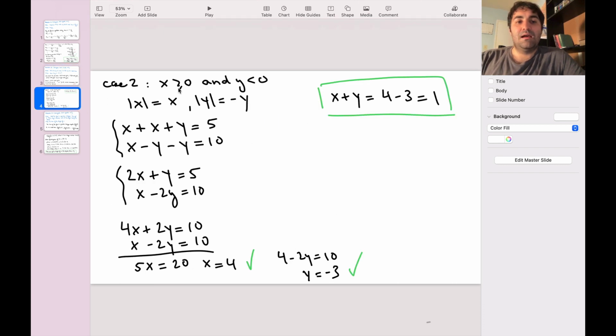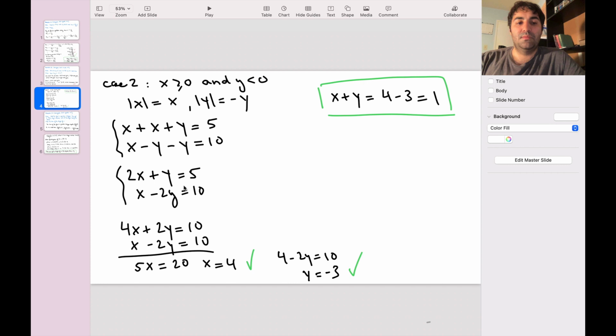Let's look at case 2. x is greater than or equal to 0 and y is less than 0. Absolute value of x is equal to x, and absolute value of y is equal to minus y. And then we can substitute, we get x plus y equals 5, and x minus y equals 10. So if we simplify this, we get 2x plus y equals 5, and x minus 2y equals 10.